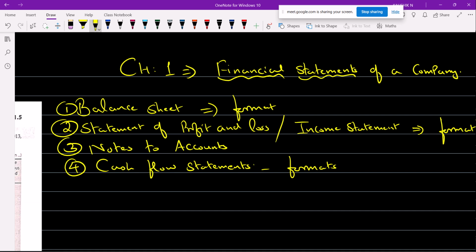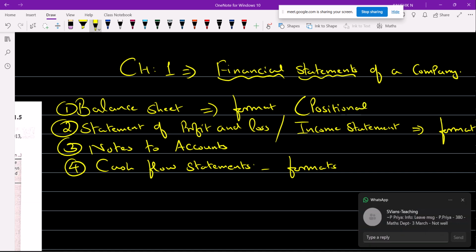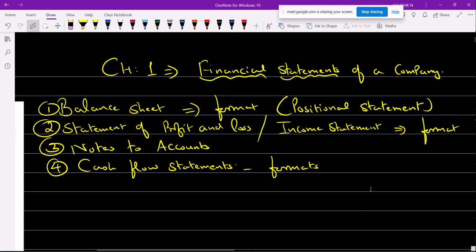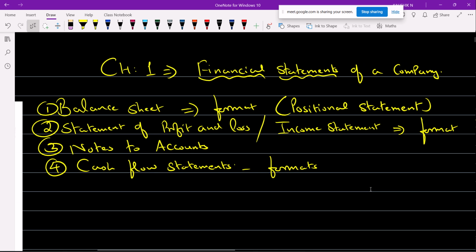You know very well that the balance sheet is also known as the positional statement. What is the other name of the balance sheet? Positional statement. Very good. The other name of the balance sheet is positional statement, and the other name of your profit and loss account, the statement of P&L, is income statement.